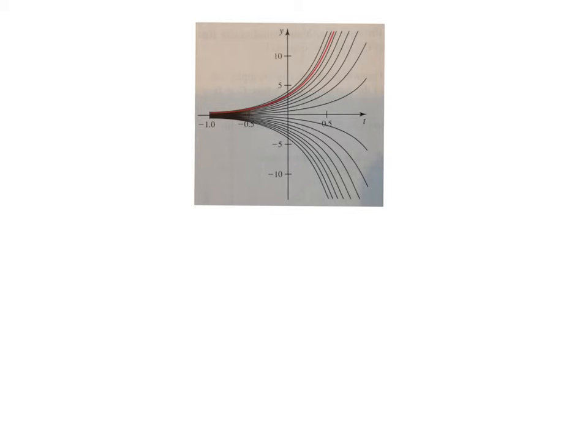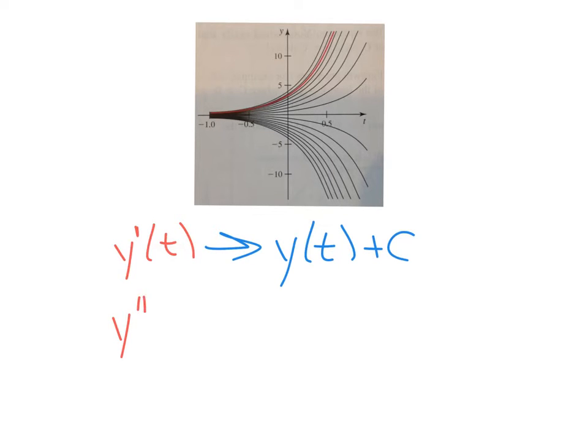So for instance, if our beginning function was y prime, its solution after integration would be y plus c. If, however, we started off with a second order differential equation, we would still get to y, because that is our solution. Remember, y is our solution. But then we would have two constants that we would have to add.